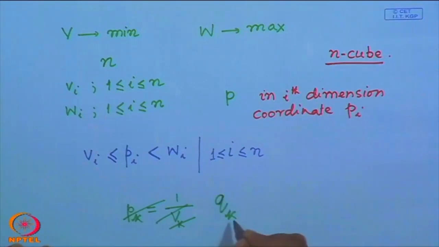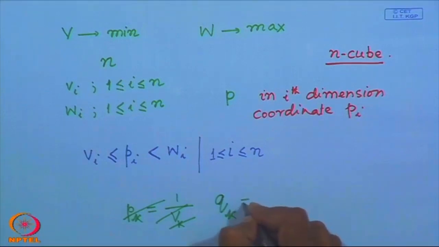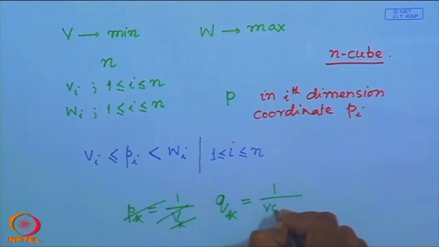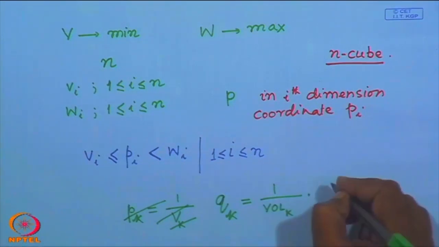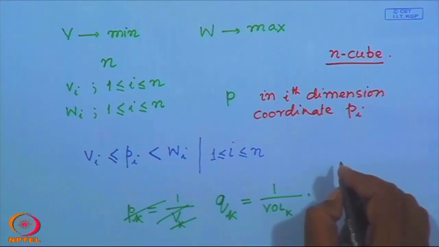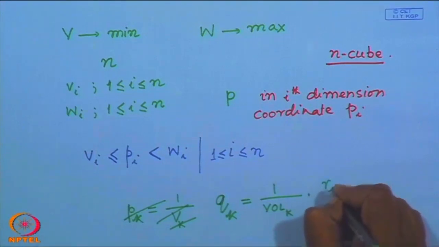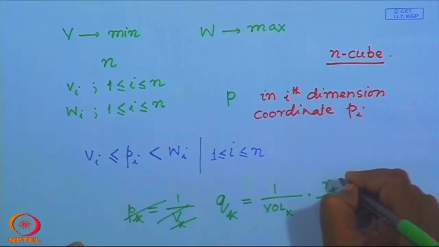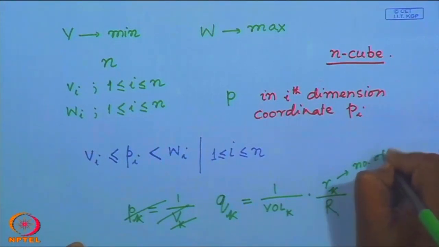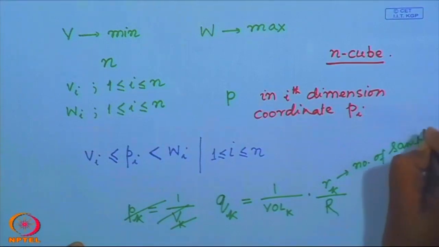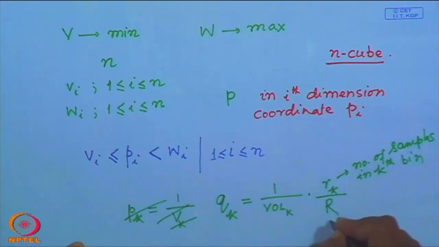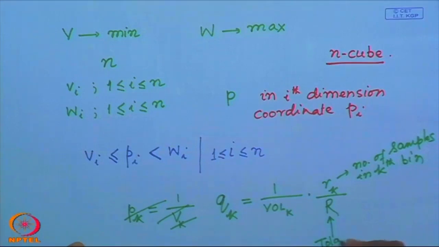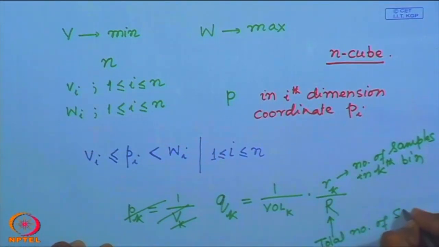So, Qk, which is the probability that a sample falls under the kth bin, is given by 1 upon Vk, the volume of the kth bin, into Rk upon capital R, where Rk is the number of samples in the kth bin, and R is the total number of samples.